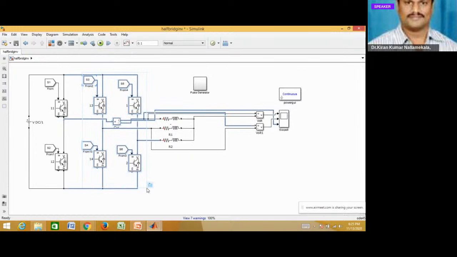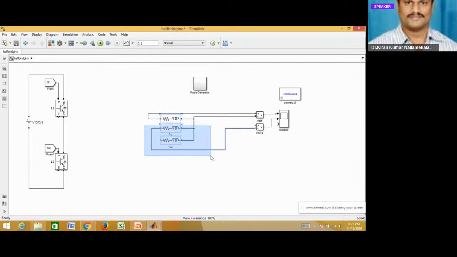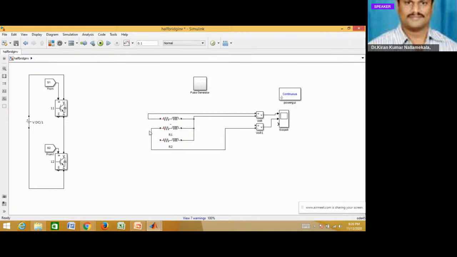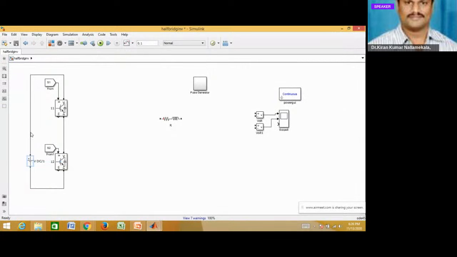How do we model half bridge inverter? Just delete this and let us consider only one resistor, one load, and the half bridge inverter configuration looks like this.